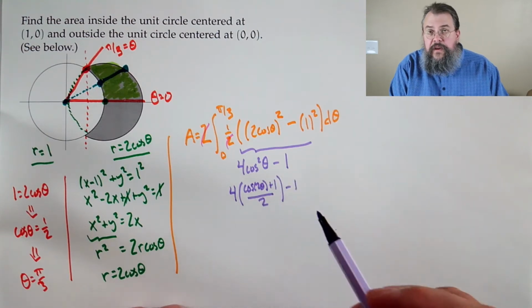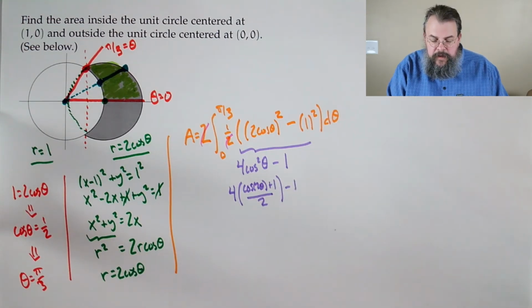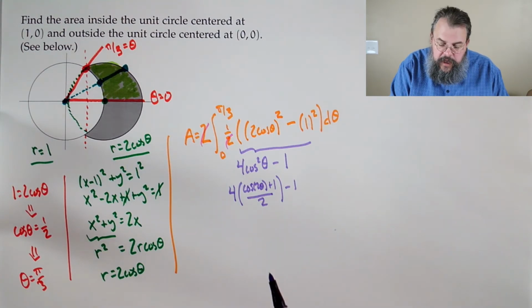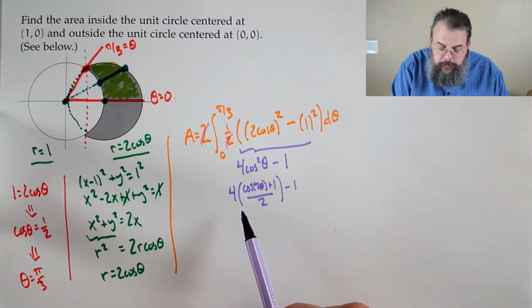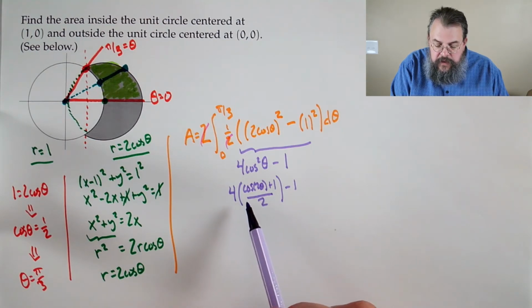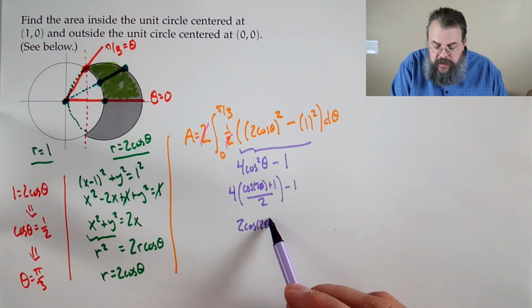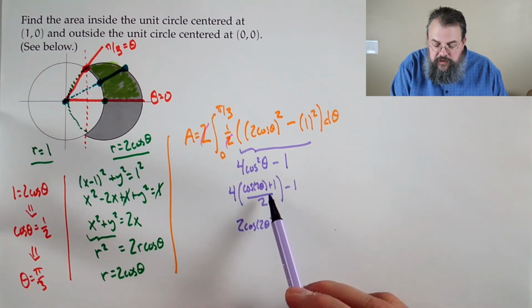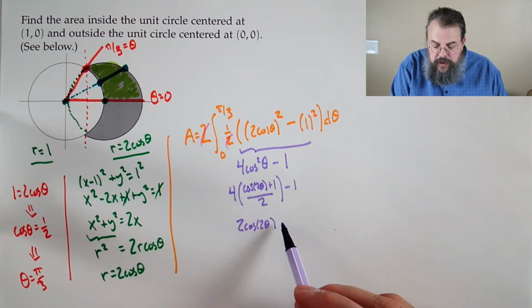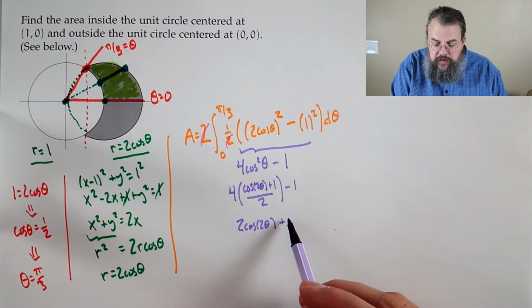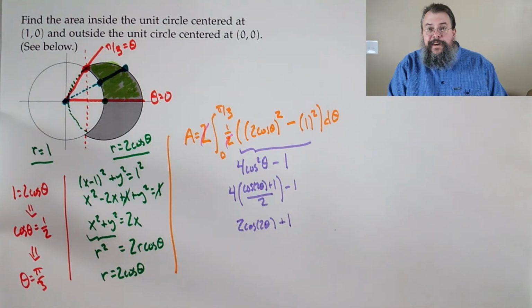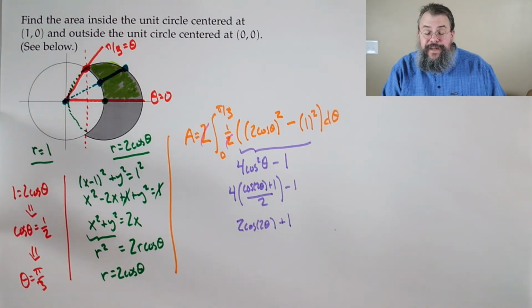Or you could say 1 plus cosine 2 theta over 2, whichever way you memorize it. It's all good. Well, what does that become? If we multiply the 4 through, we'll get 2 cosine 2 theta, then plus 2 minus 1. So that'll be plus 1.